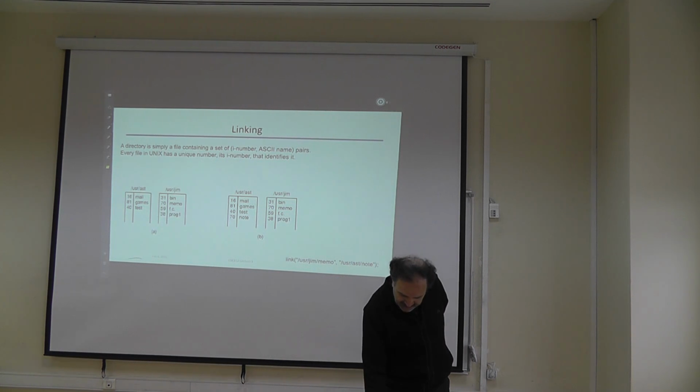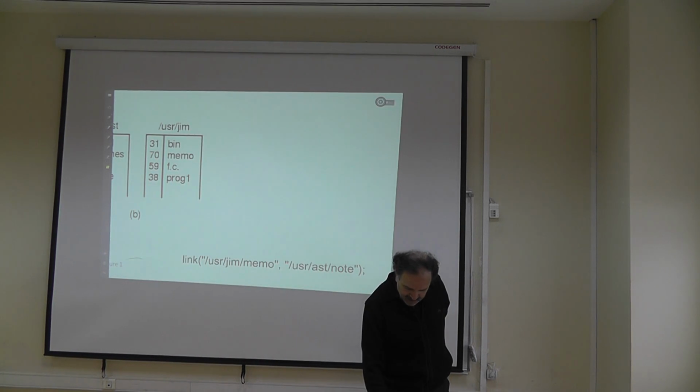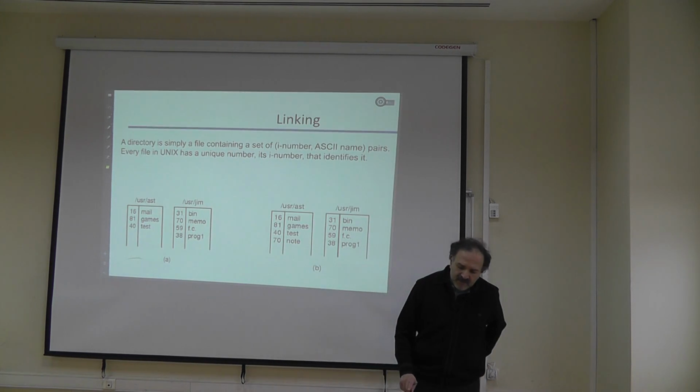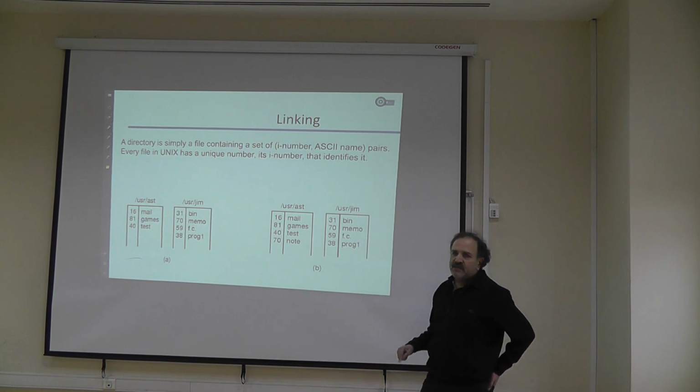When I say this link, this user gym memo user AST node, I am linking from this location to this location. In Unix, every file has a unique ID, like every process has a unique process ID.